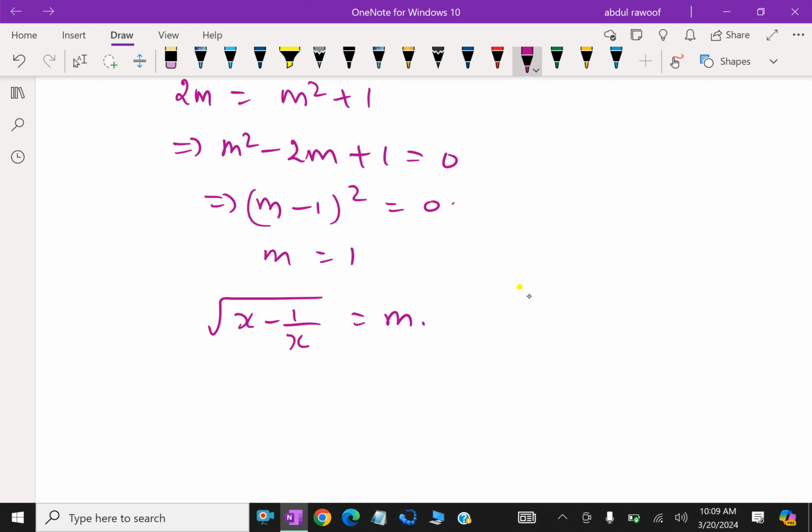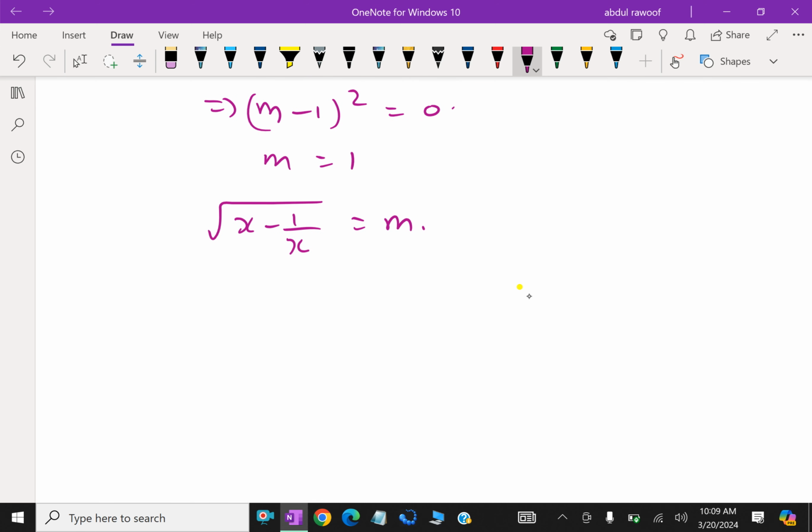Squaring both sides, we have x minus 1 over x equal m square. M is 1, which is equal to 1.